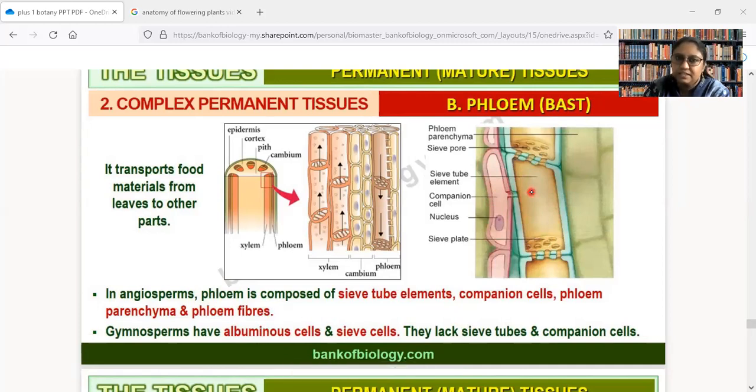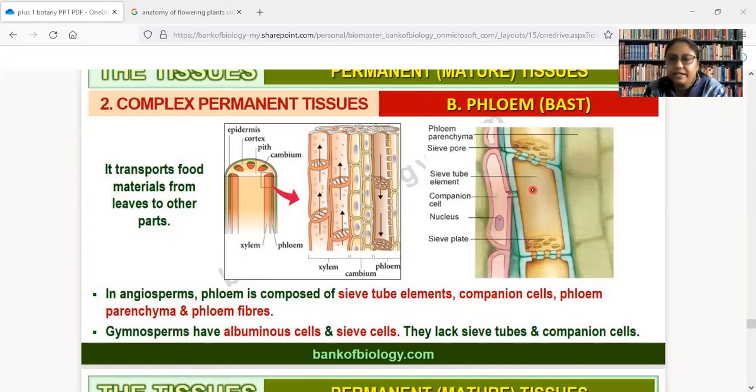Is that all? Yes, Rutu? Ma'am, can you again explain why phloem can't afford to have dead cells? Beta, because active transport has to be done, right? What is done in active transport? Rutu, can you define active transport for me? Yes, ma'am, against the concentration gradient.